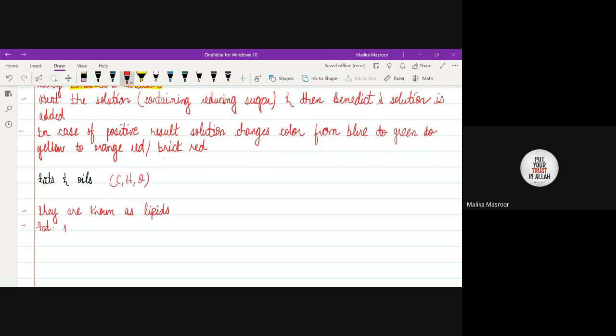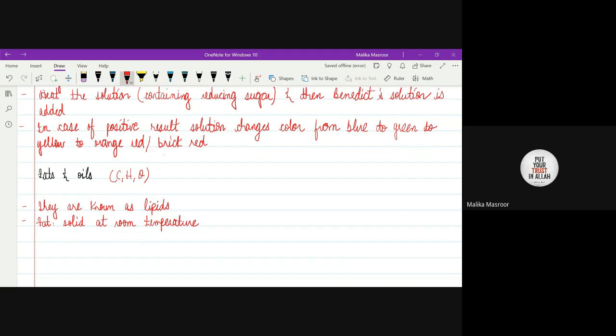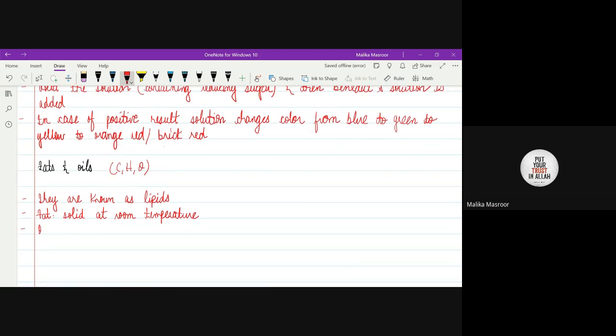Fat is basically solid at room temperature, and your oils are liquid at room temperature.